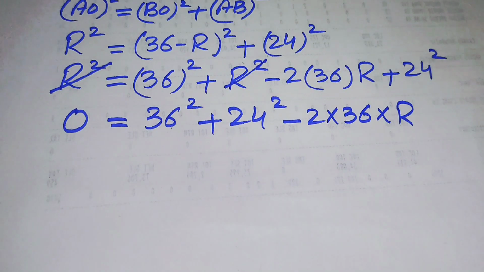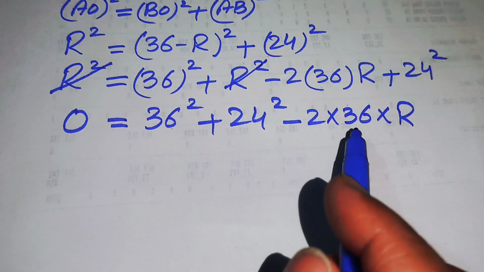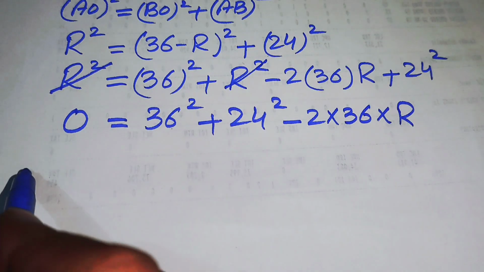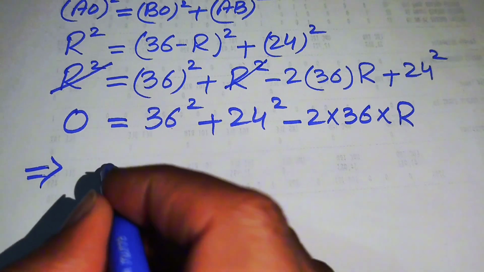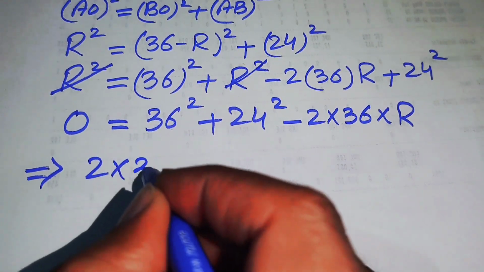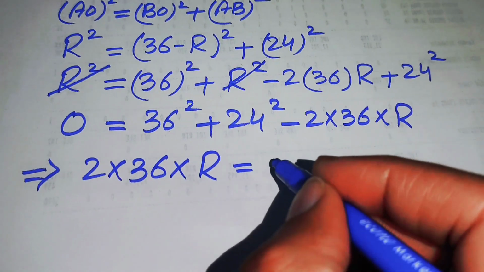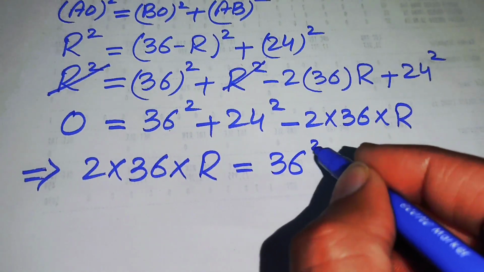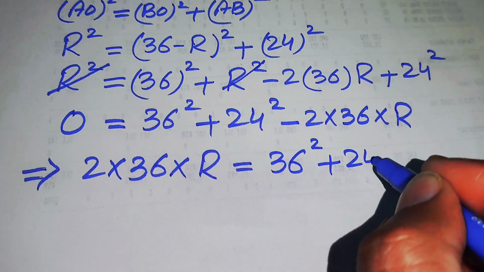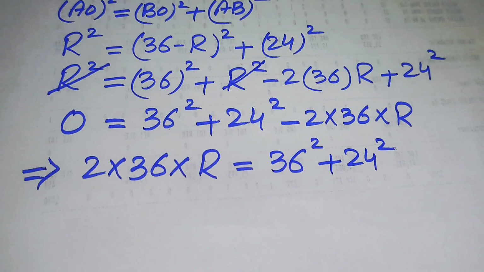Because we are finding the radius of the circle, we move this term to the left hand side, and it becomes 2 times 36 times R equals 36 square plus 24 square.